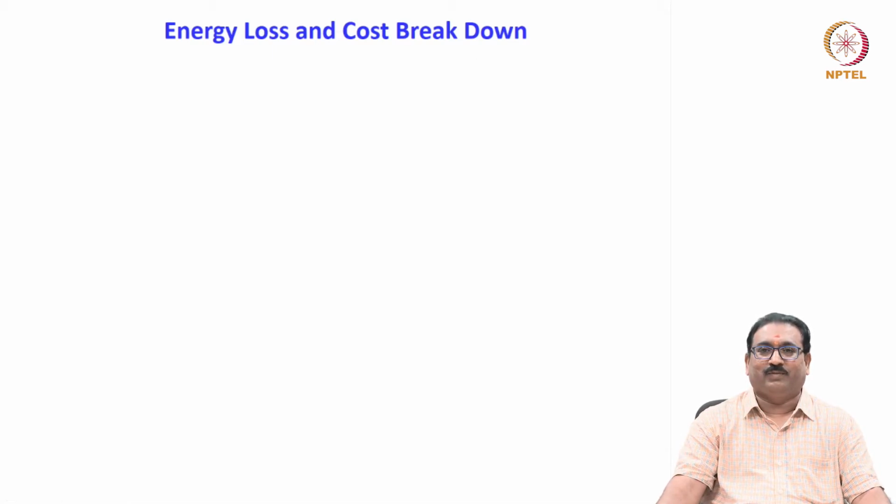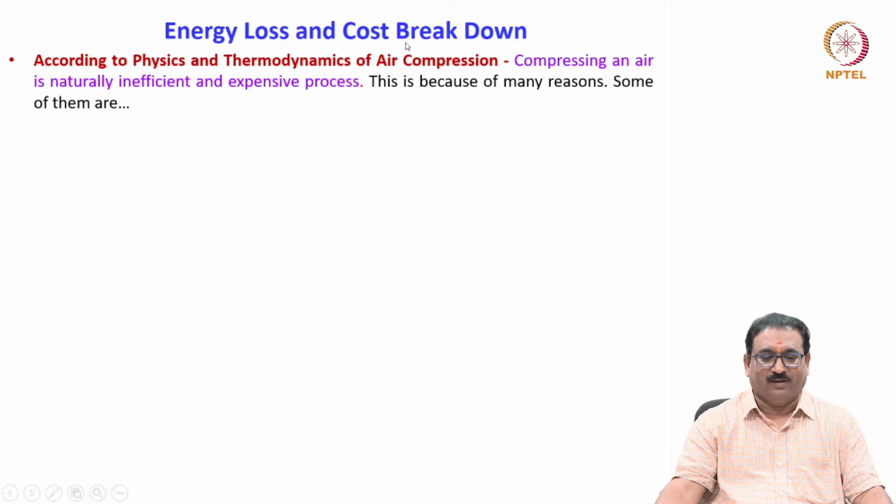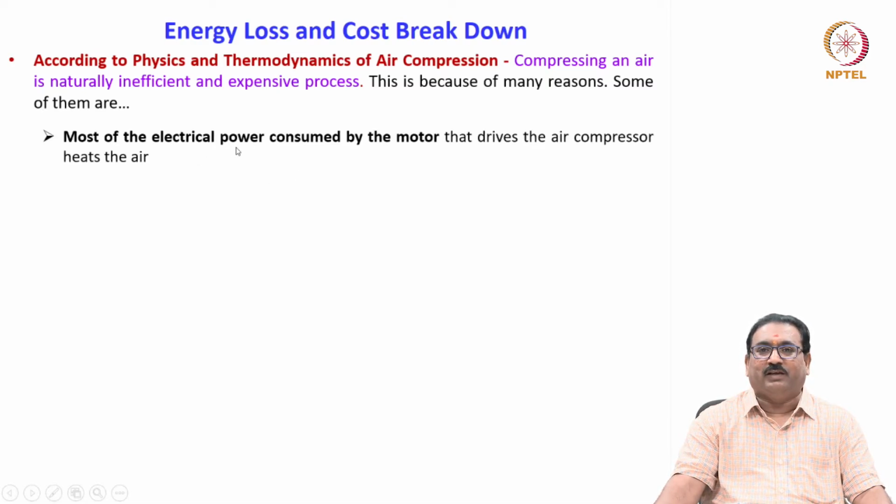What is this? Energy loss and cost breakdown from the generation to the point of use of the compressed air. What happens? According to physics and thermodynamics of air compression, compressing air is naturally an inefficient and expensive process. This is because of many reasons. Some of them are: most of the electrical power consumed by the motor that drives the air compressor heats the air.